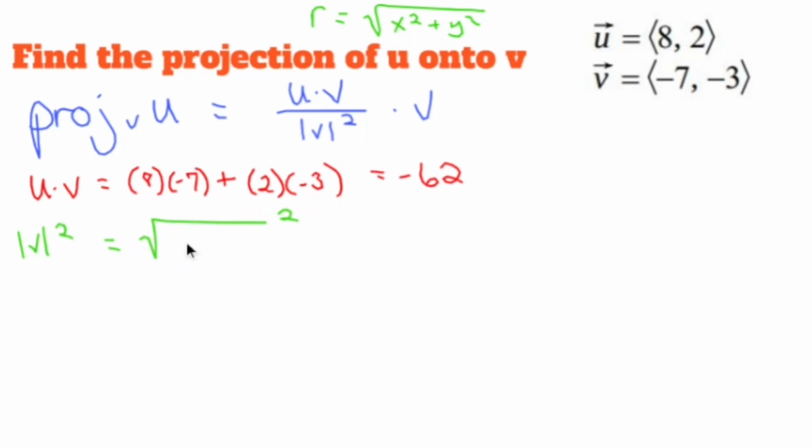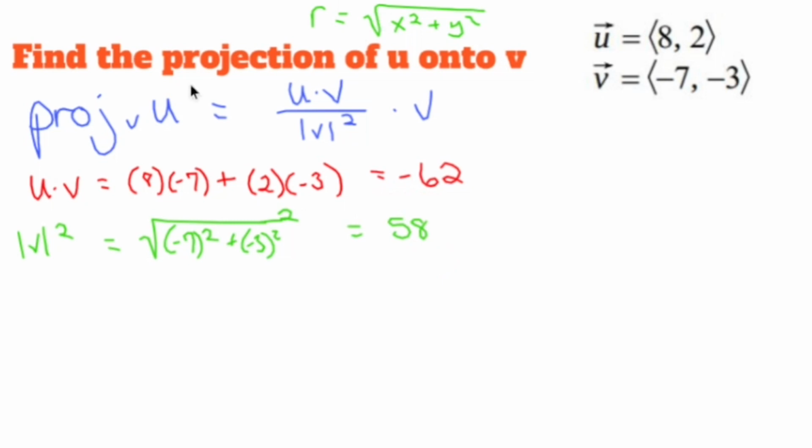We'll deal with that in a moment. But this is negative 7 squared plus negative 3 squared. So 49 plus 9 is 58. Square and square root cancel each other out. 58 it is.